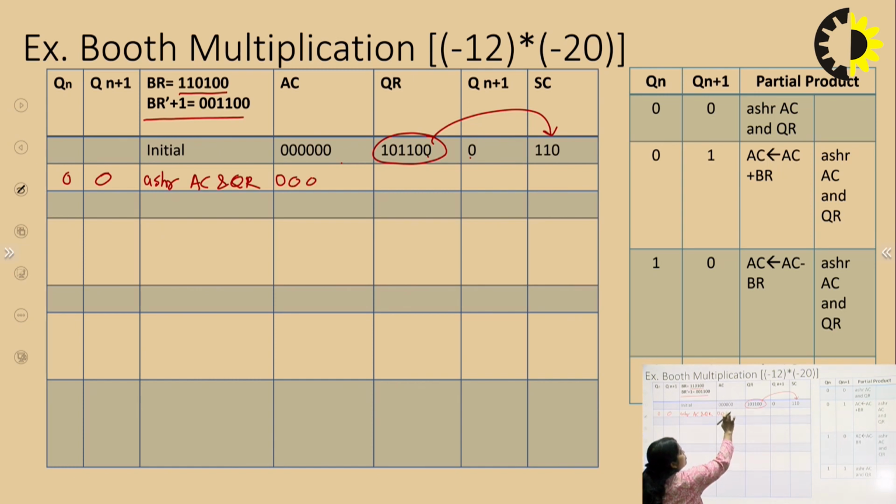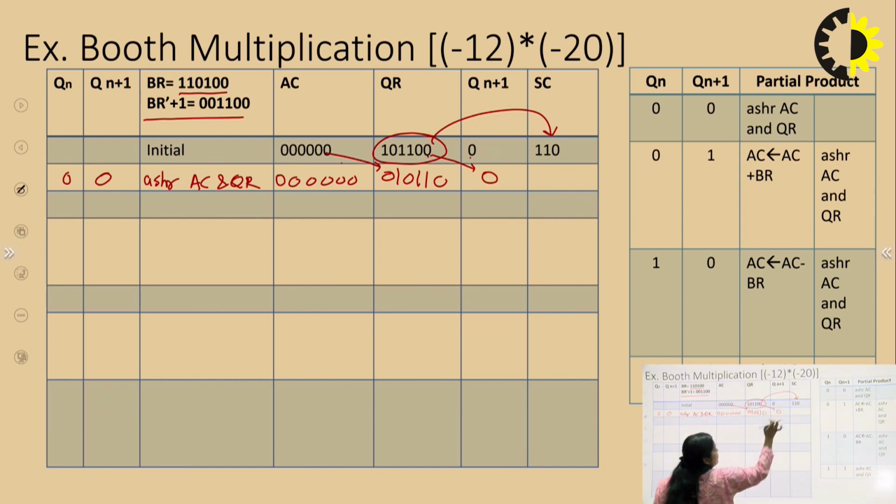Means 1, 2, 3, 4, 5, 6, and this 0 will come over here. 1, 0, 1, 1, and this 0, and this particular 0 is here. The Qn plus 1 bit will be lost. Whenever you apply this ASHR, the sequence counter value will be minus 1. This is 6. Now, it will be considered as 101.